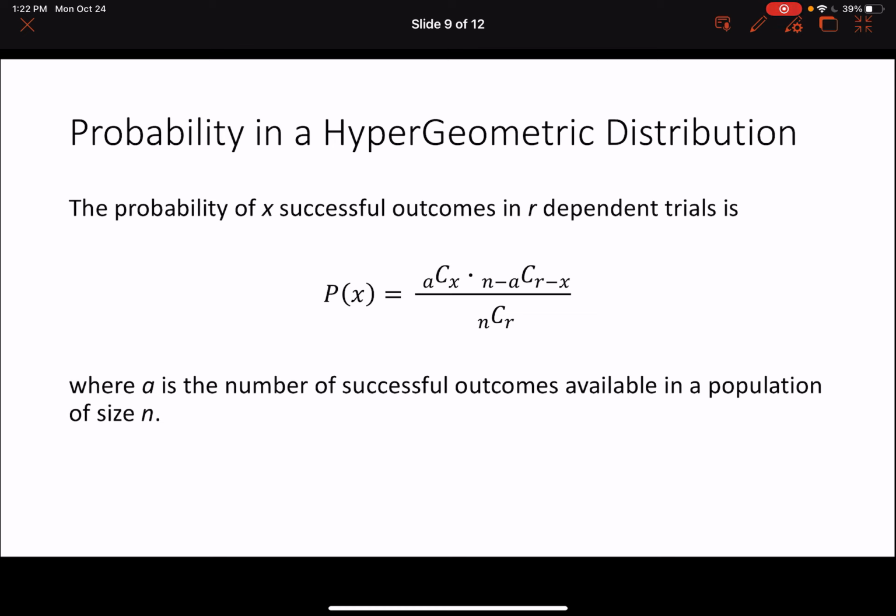So in this case, what's the probability? Let's give an example. Let's say we had 7 red marbles and 6 non-red marbles.